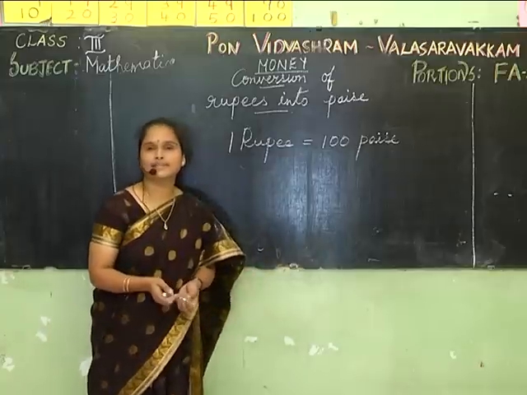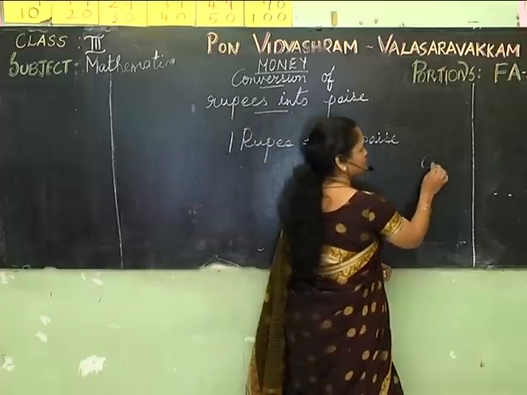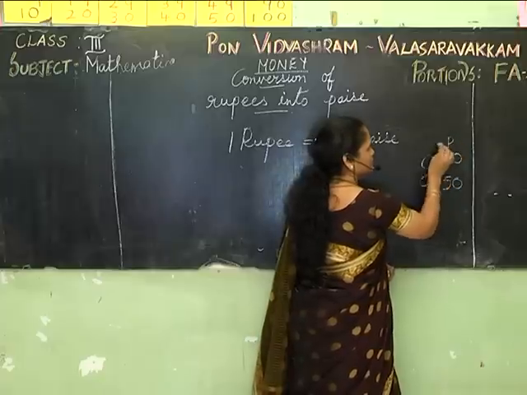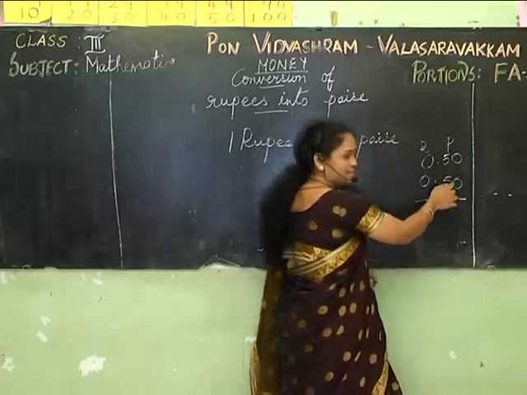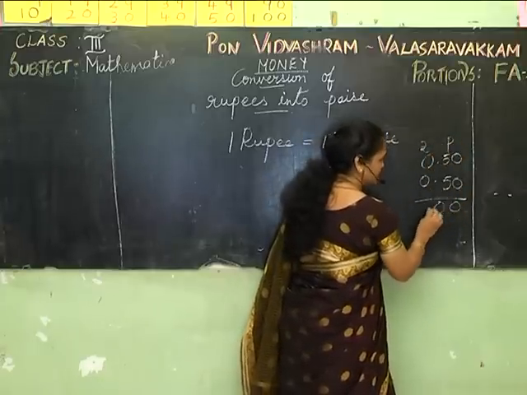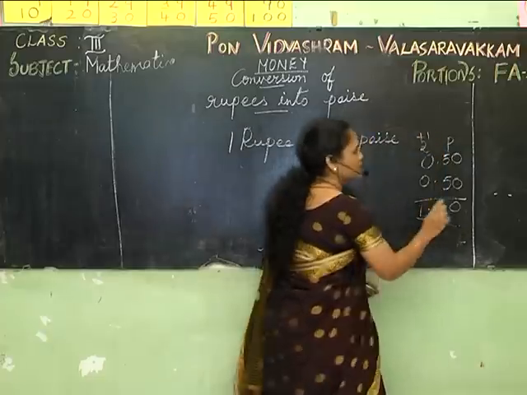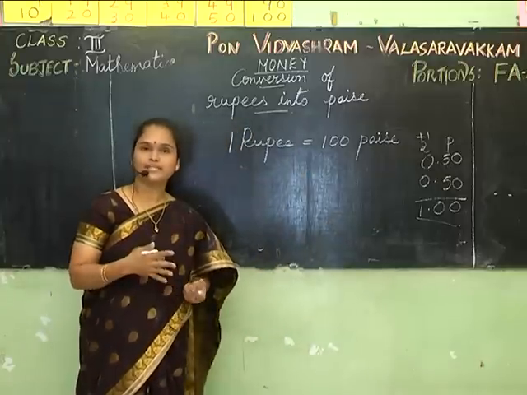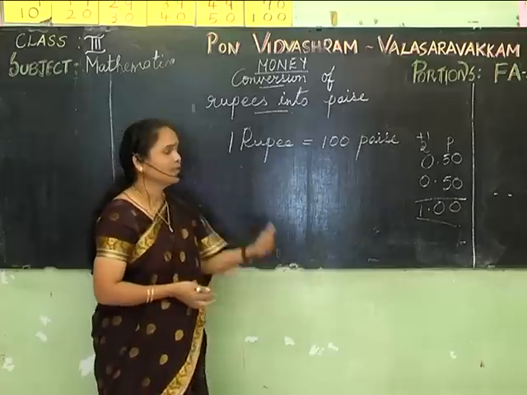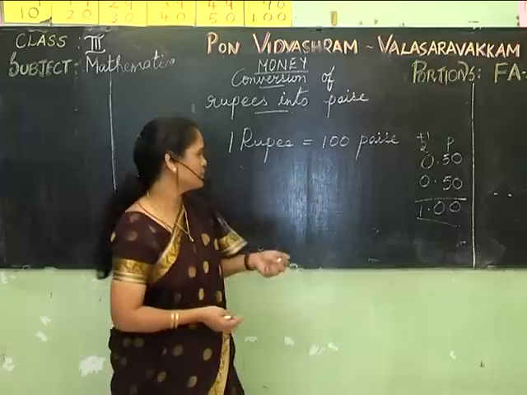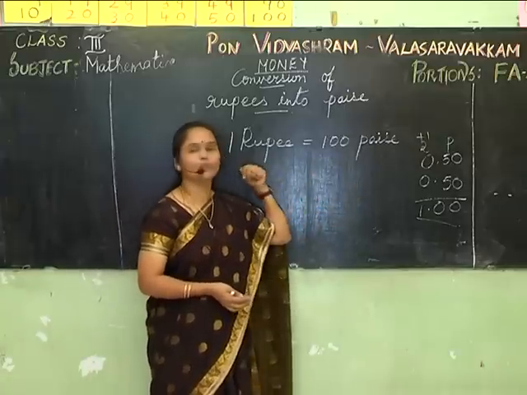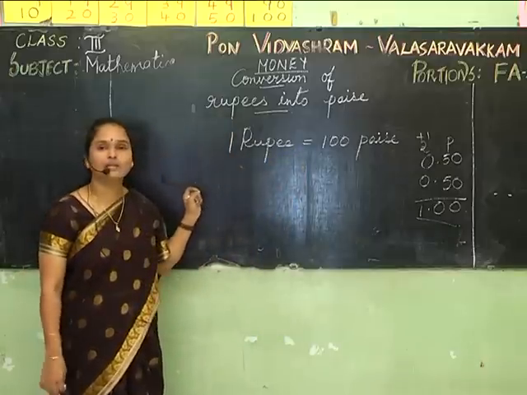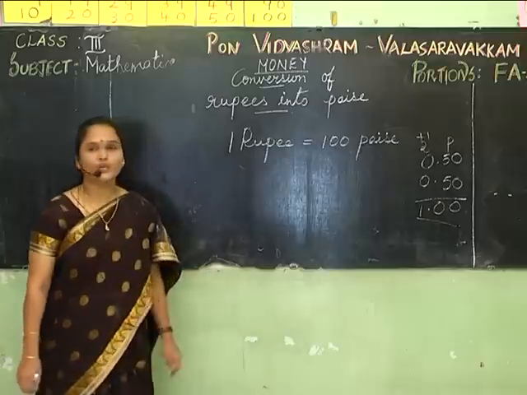If you add 50 paise plus 50 paise, you can get 1 rupee. 25 paise taken 4 times will give you 1 rupee. 50 paise taken 2 times will give you 1 rupee. In today's class you are going to learn how to convert rupees into paise.